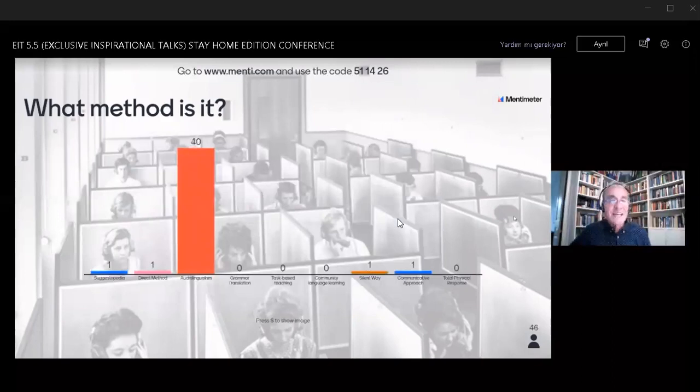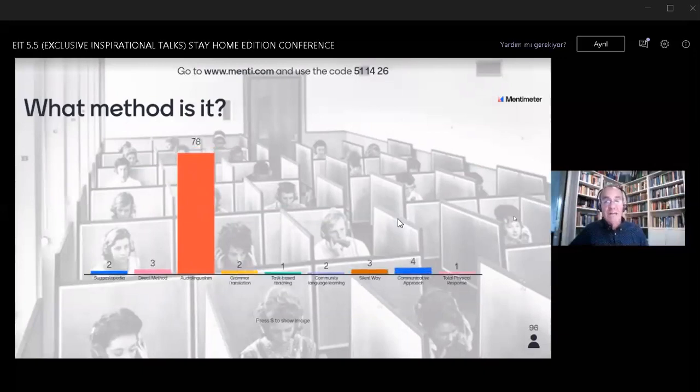audiolingualism. And I think, in fact, this wins outright. There are 1 or 2 other methods being identified, but the majority by far is for audiolingualism. And why is that? What is it about this picture that is so emblematic of audiolingualism? Well, of course, it's the language laboratory. And the language laboratory was the educational technology of its time.